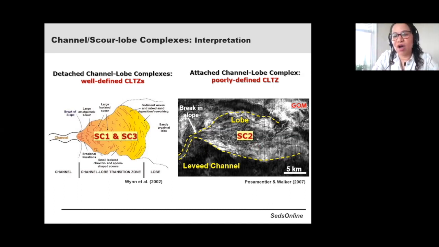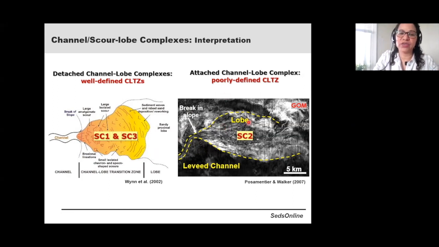How do we explain all of these changes in the configuration of the channel-lobe architecture? What we think is playing a role here is that the flow character is changing. In the case of the lower and the upper complex, the flows moving through here were highly erosive. They were able to bypass and sculpt that channel-lobe transition zone, and then they deposited further down in the basin.